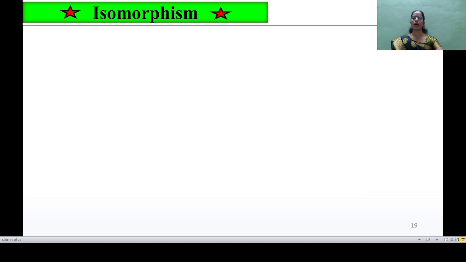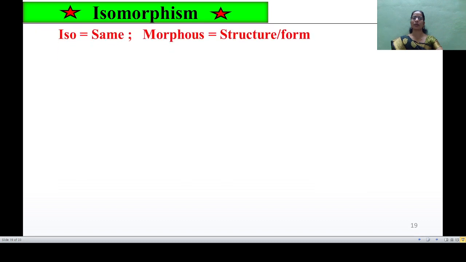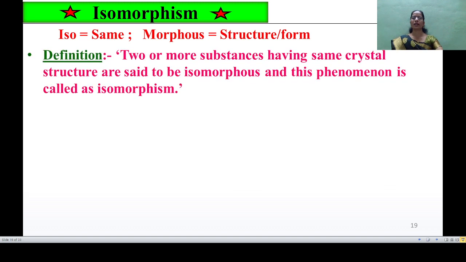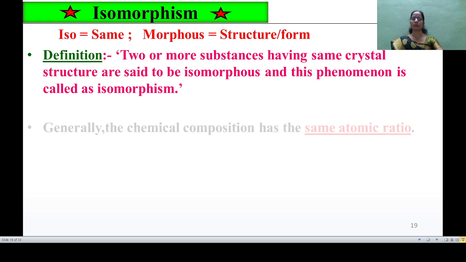The Greek word iso means same and morphos means structure or form. So here we can define the term isomorphism as: two or more substances having the same crystal structure are said to be isomorphous, and this phenomenon is called isomorphism.